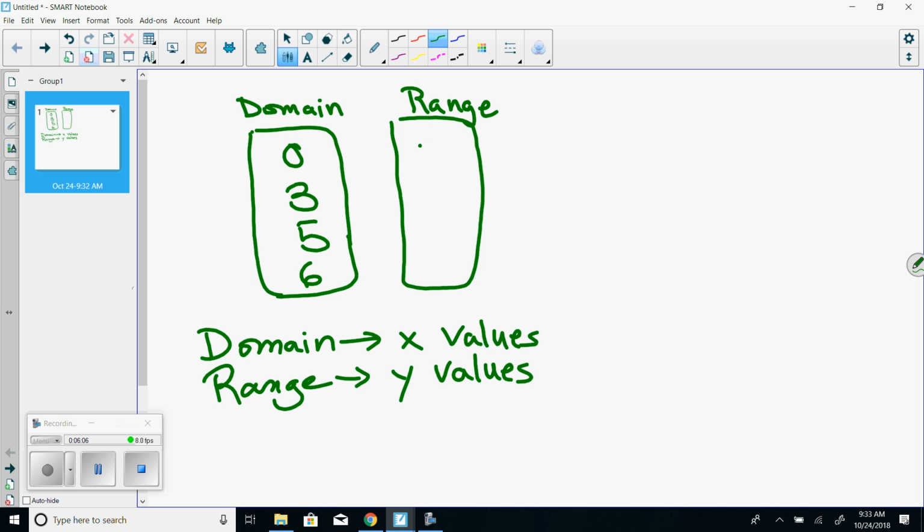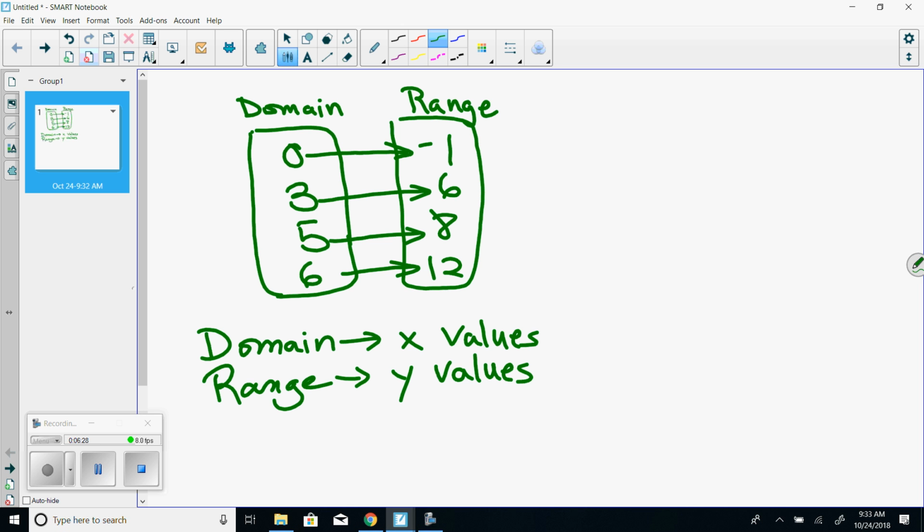And then I have -1, 6, 8, 12. And this is called mapping. And you can see here that there is one y for every x, right? One x, one input for every y.